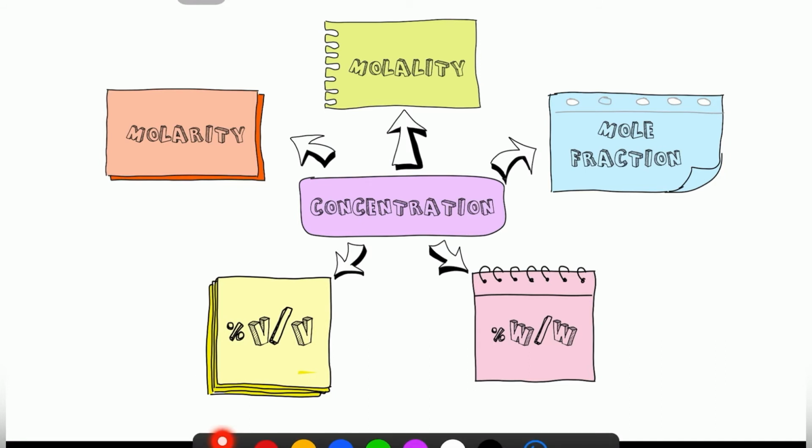Molarity you have covered in part 1 of 1.2, but here you will learn it in more detail, and we will see some examples for the questions.